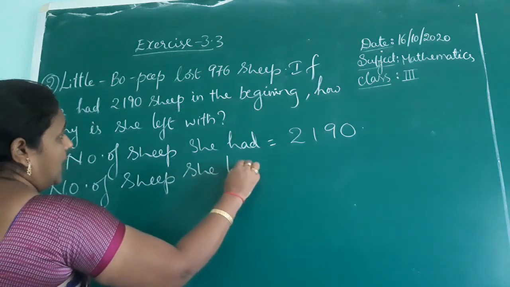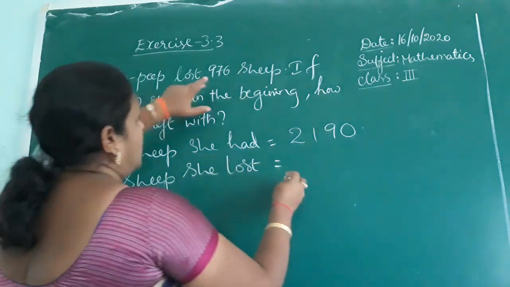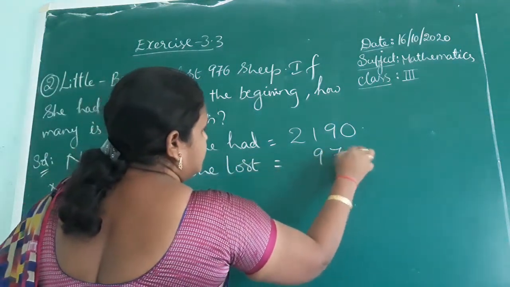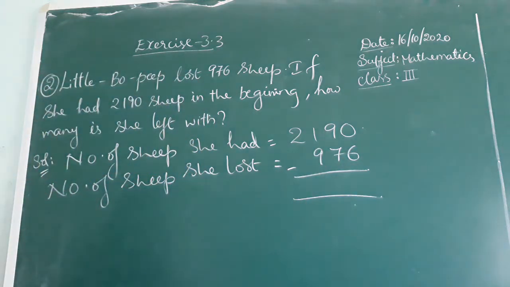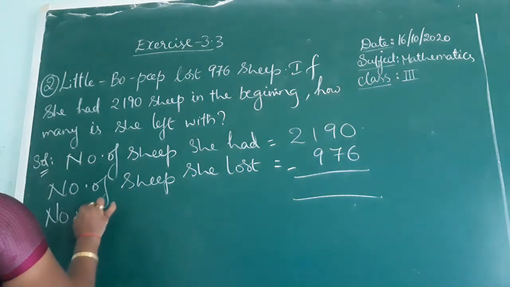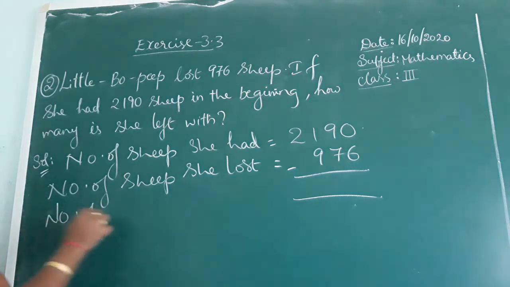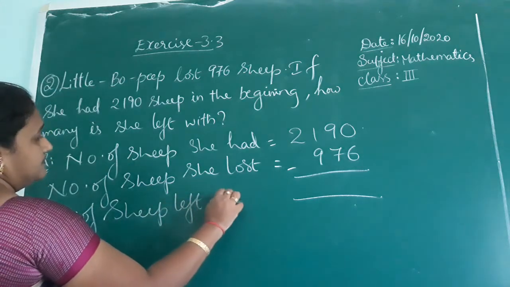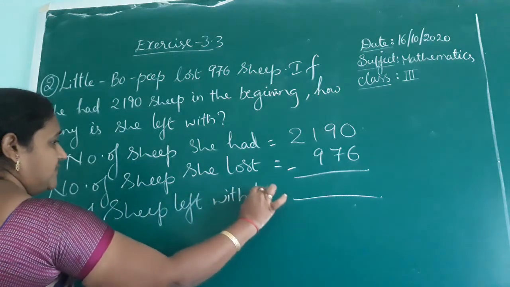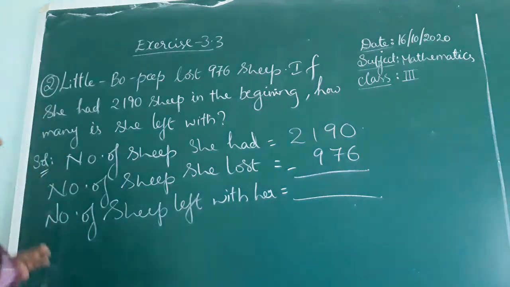She lost how many? She lost 976 sheep. What is the question now? How many was left with her? Number of sheep left with her.